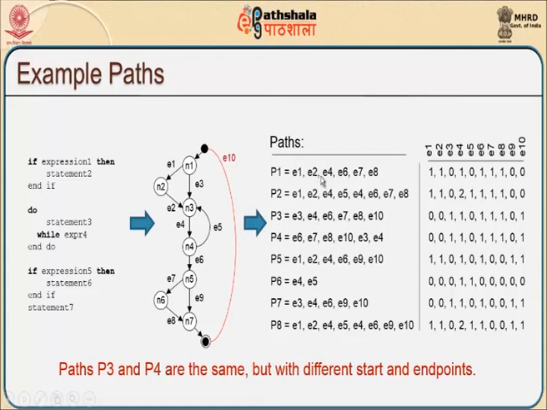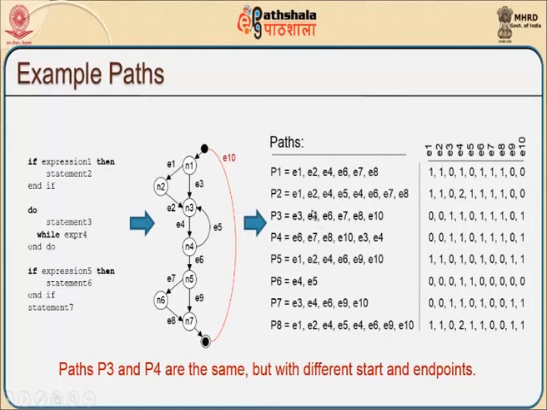Since I have not gone through an edge called E3, that has been replaced with 0, E4 again I have got 1, E5 I have not traversed through, so it becomes 0, E6, E7, E8 exist, so E9 and E10 do not exist.